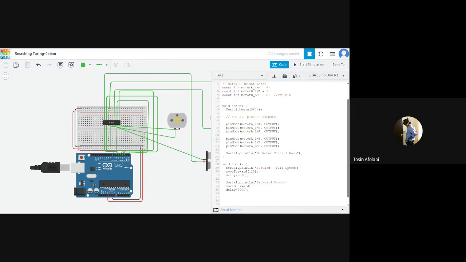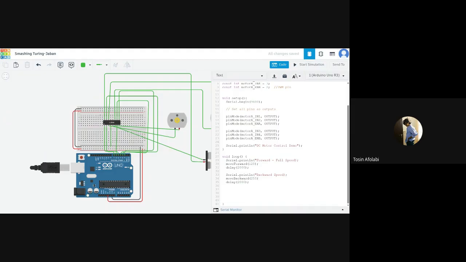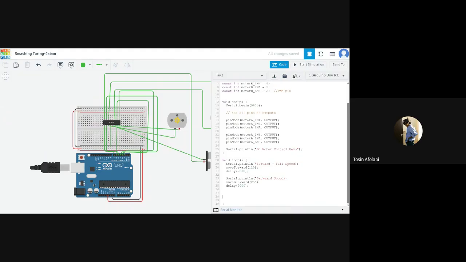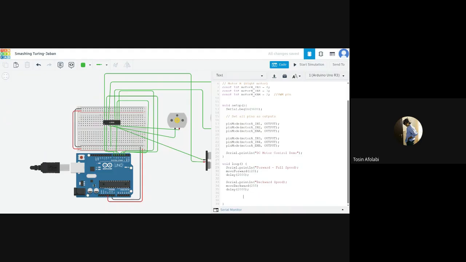Another mistake. Then I have to change it to 255. So for now, I'm not going to write so much code. I'm just going to leave it at this. Let's first test this out, because I'm already tired of writing code right now.